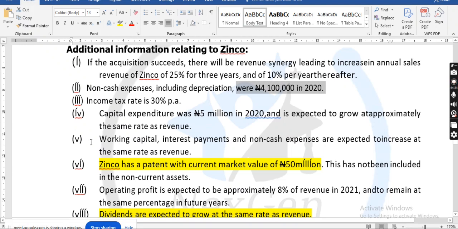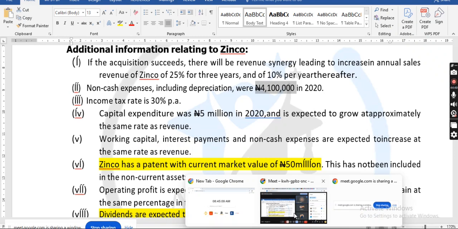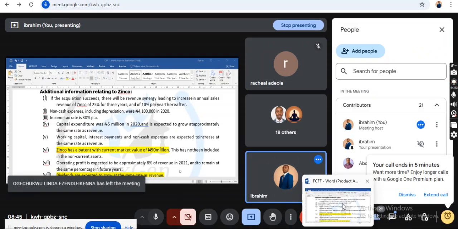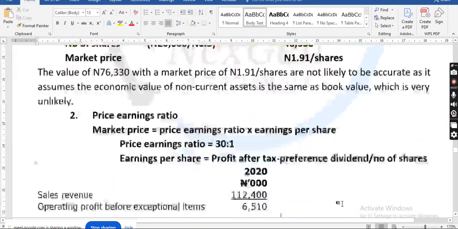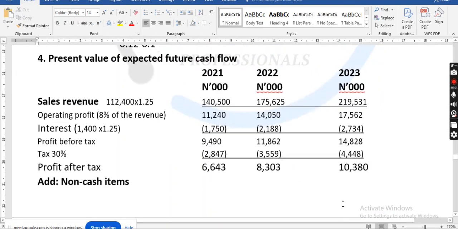And we were told in this paragraph that the non-cash expenses will increase in line with revenue. So this figure here, we have to increase it by 25%. So we go back and increase it by 25%.